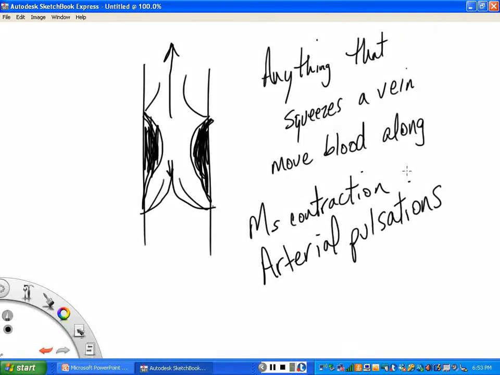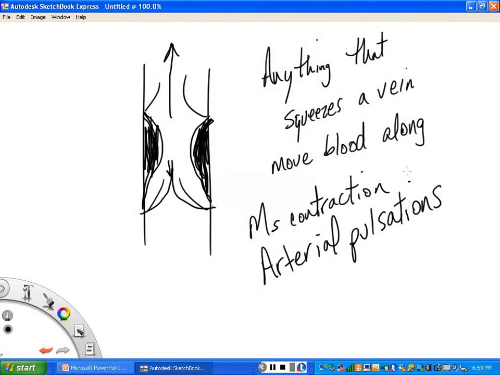Arteries pulse. We know why. The pressure gets large when the ventricle contracts. It bulges out, then snaps back, elastic recoil. When your pulse is coursing through an artery, the artery touches the vein, squeezes in on the vein, and pushes fluid through the vein. Some lymphatic vessels are on top of arteries or underneath arteries as well, and when the pulse goes through the artery, it squeezes on the lymphatic system.